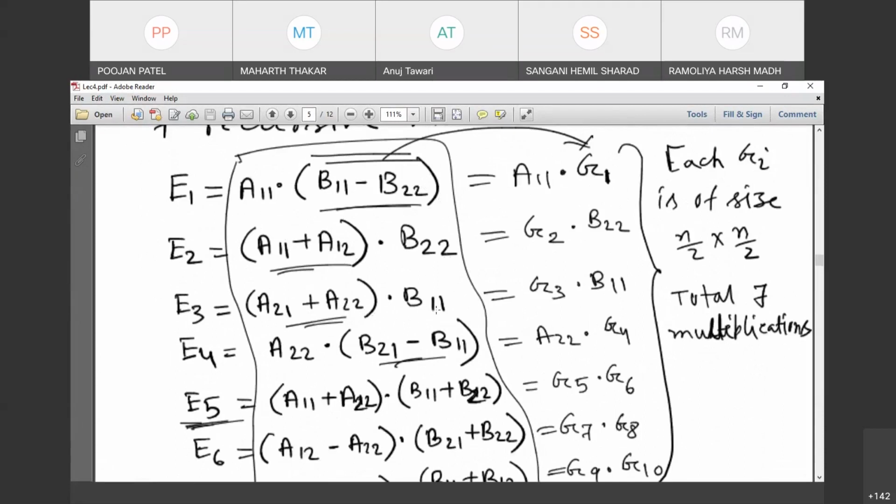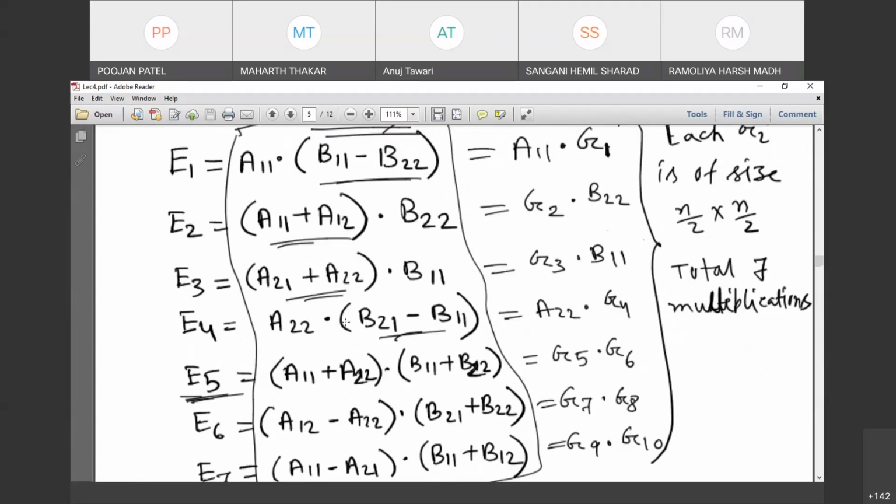A21 plus A22 multiplied by B11, and so on. Now our goal, given this, is to add some things, subtract a few things, and finally arrive at our goal.